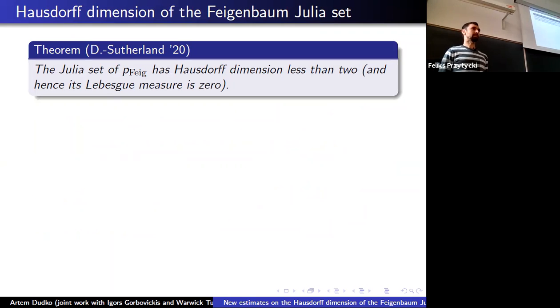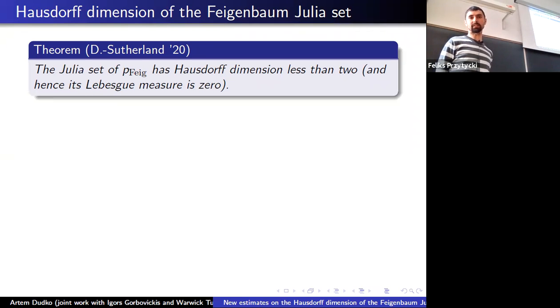There are many interesting, remarkable results about this polynomial and other infinitely renormalizable maps. Most recently, for instance, Misha Lyubich jointly with Dima Dudko showed that the Mandelbrot set is locally connected at the Feigenbaum parameter. Concerning the Hausdorff dimension, the first substantial result about the Hausdorff dimension of this Julia set was my joint work with Sutherland.